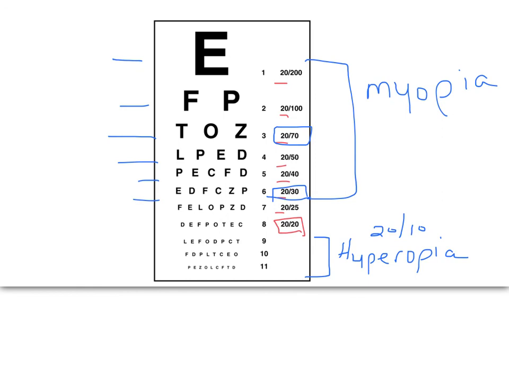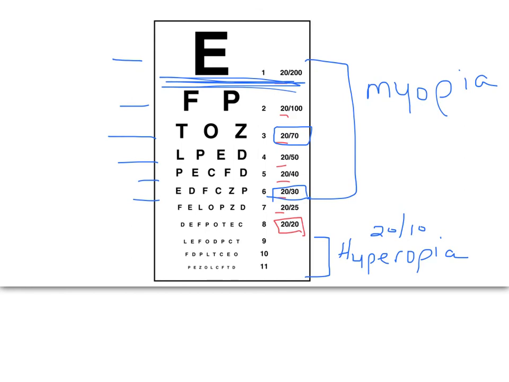So if someone's doing an eye test and they aren't wearing any kind of corrective lenses, no contacts, no glasses, and the only line they can read is this one, their vision is 20/200. That's really, really bad. That means that they're standing 20 feet away and that's the only line they can see.